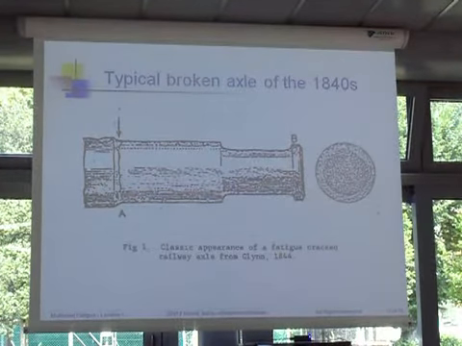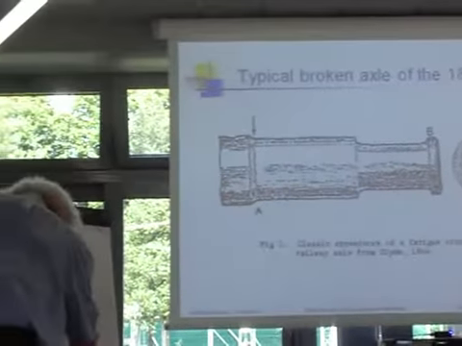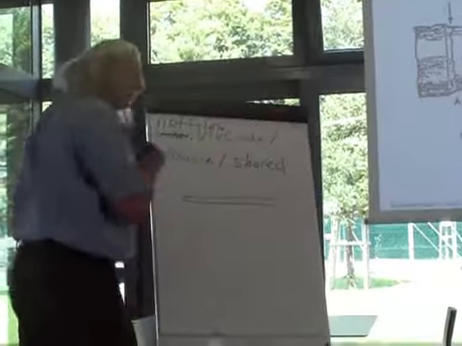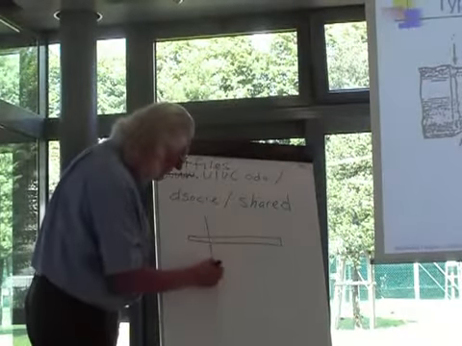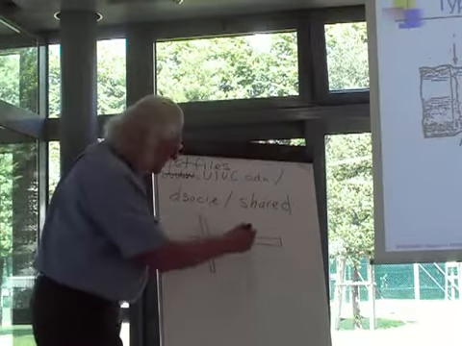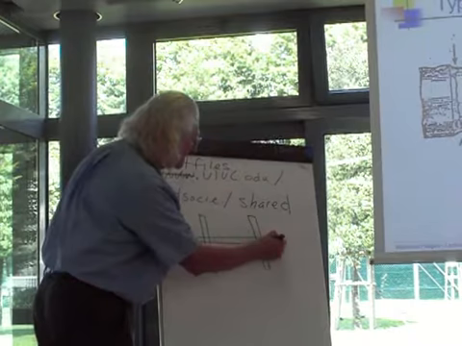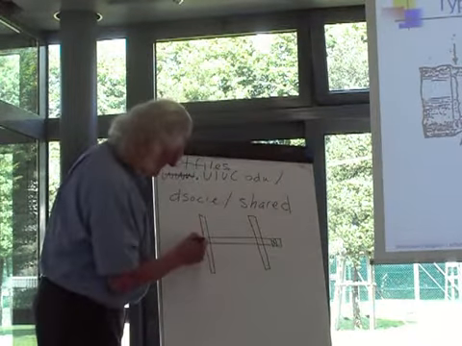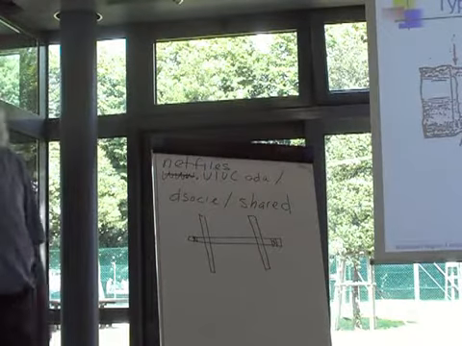So, we look at the axle a minute, right? So this was the traditional design. So there's an axle, and maybe we have a wheel. And a bearing. Okay. So that was the normal design.